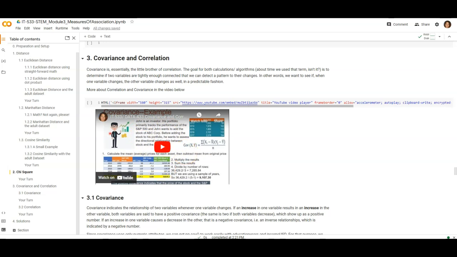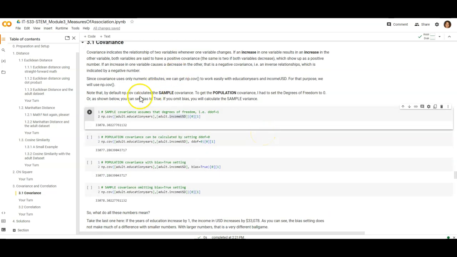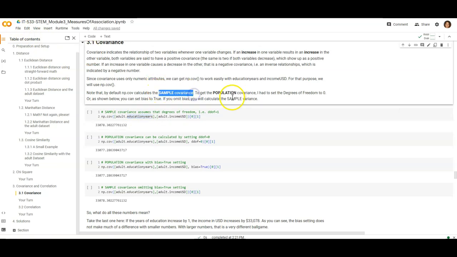First things first, since covariance and also correlation rely on numeric calculations, we have to use numeric attributes for them. We cannot use categorical attributes. That's why we have chi-square. So in our case here, I'm going to work with income USD and education years. There are two types of covariance, namely sample covariance and population covariance, that work on either sample or, well, population.